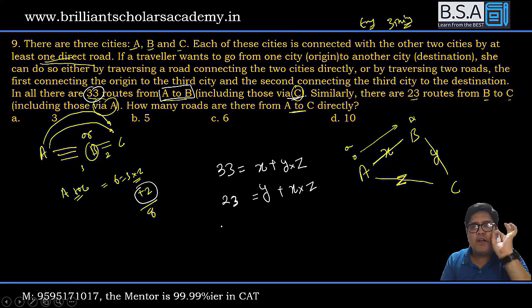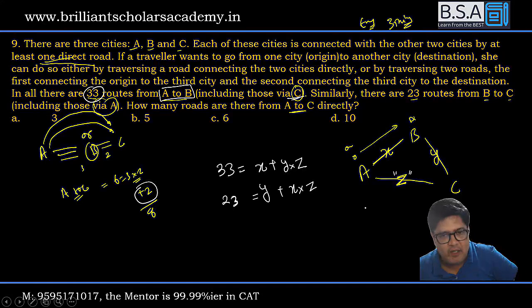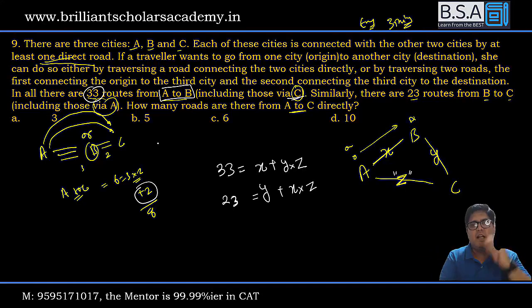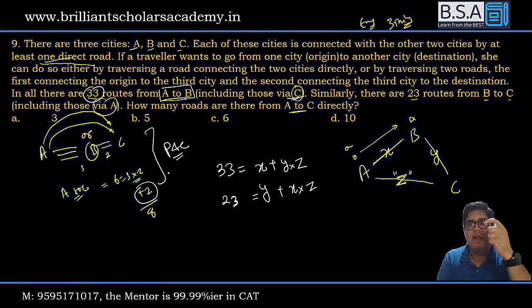What you want the answer for is, what is the value of Z? What is this question doing in equations? A small part of this is based upon P and C. It's a very small part. How to count roads. I am trying to find Z here.